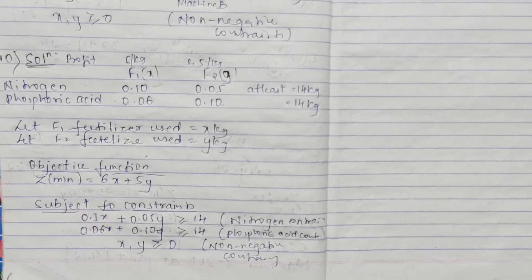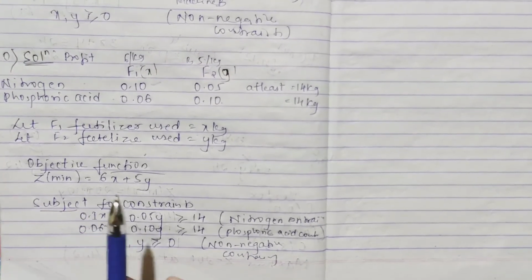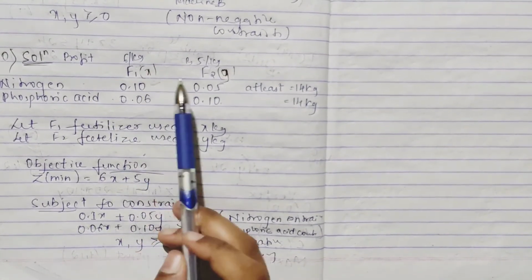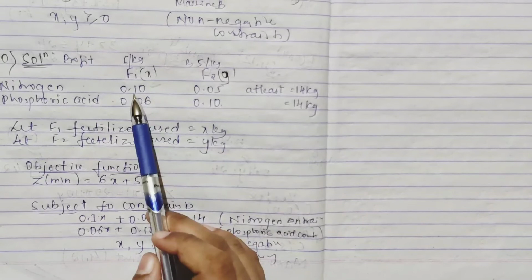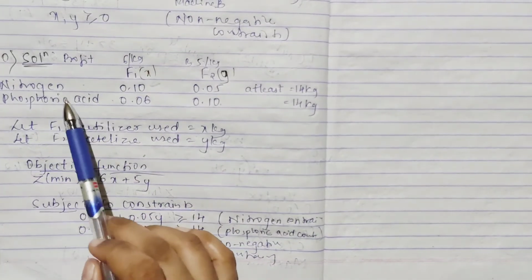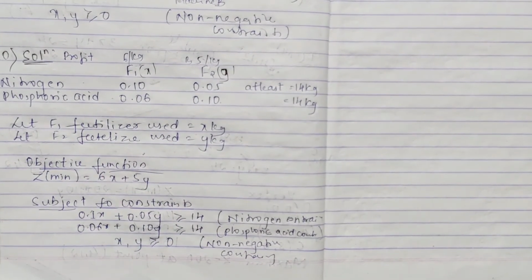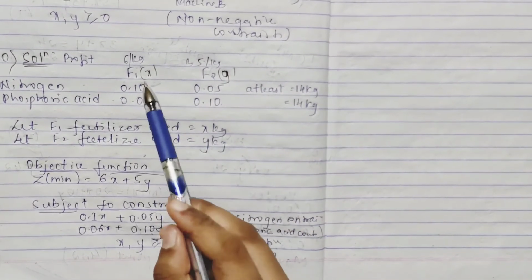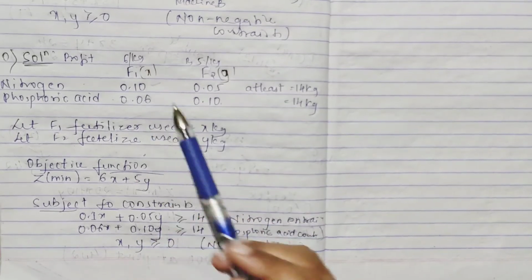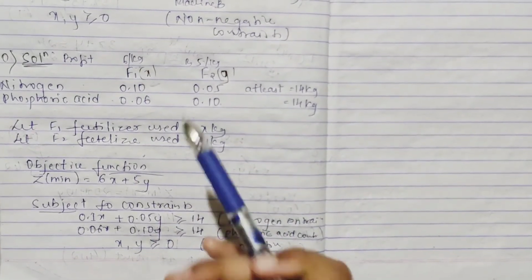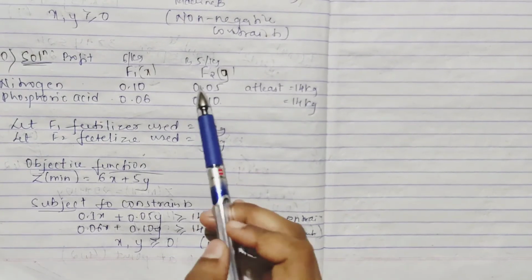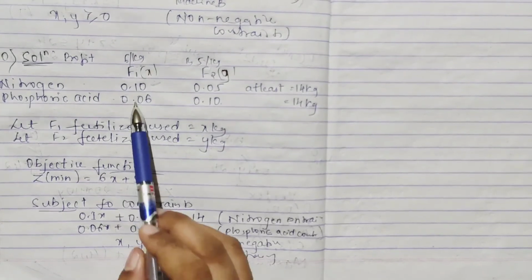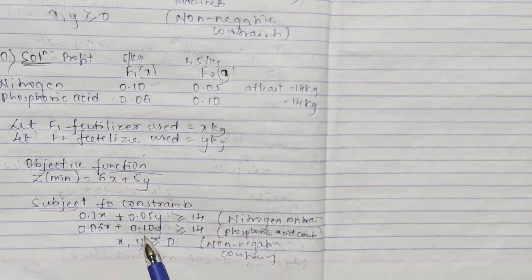This is your percent, like 10%, and x is in kilograms. So the nitrogen constraint is 0.10x plus 0.05y greater than or equal to 14, and the phosphoric acid constraint is 0.06x plus 0.10y greater than or equal to 14.